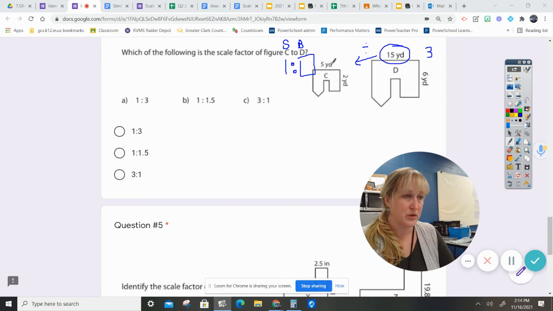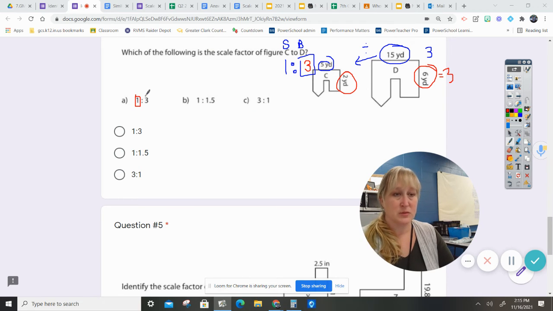So my 2 blue that go together, 15 divided by 5 is 3. Let's see if I can pick 2 others, the 6 and the 2. 6 divided by 2 is also 3. So therefore the number that I fill in the blank will be this 3. My smaller shape is 1. My bigger shape is 3. So it's 3 times bigger. So our scale rate is 1 to 3.